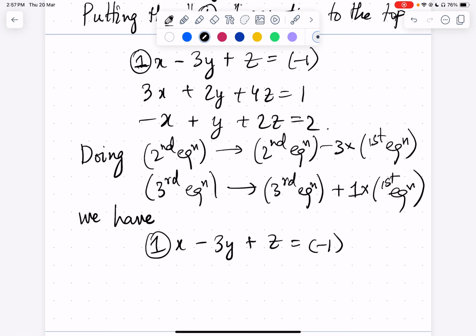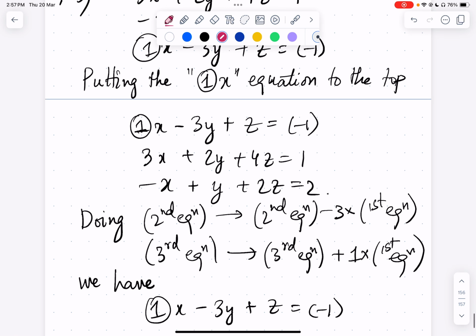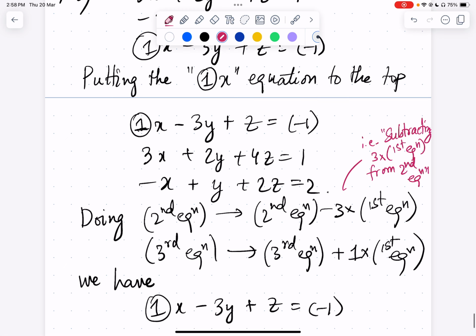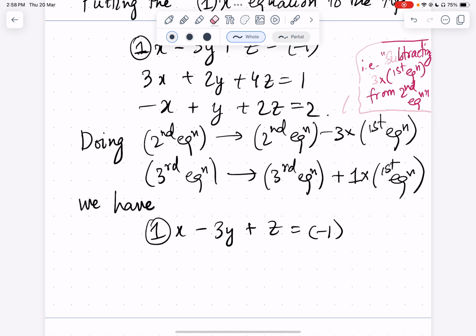In the second equation, we are subtracting 3 times the first equation from the second equation. In words, this is what it means. Even this notation is clear.